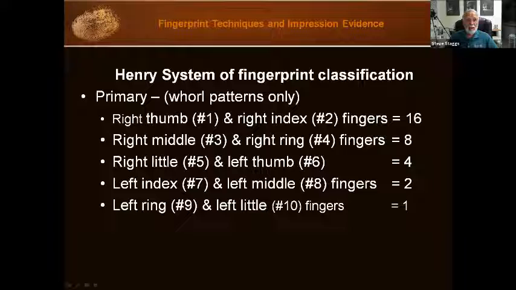So let's say that you have a whorl in number 4 and number 10. So if you have a whorl in number 4, that would be 8. And you have a whorl in number 10, that would be 1. So you add the 2, 8 plus 1 equals 9.